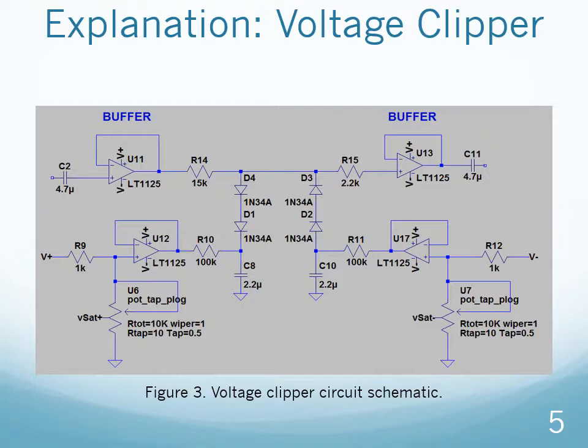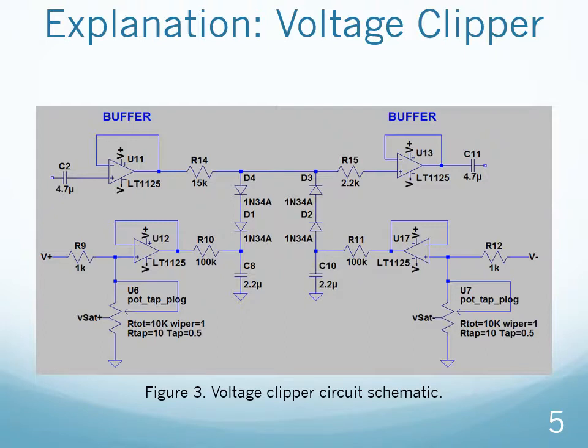The voltage clipper is a little more complicated. I labeled the buffers so that you can see, those are just the 4.7 micro cap and those, that's the buffer. But basically, it uses germanium diodes to clip the signal. As the signal passes through, you have the germanium diodes, which have a certain drop.